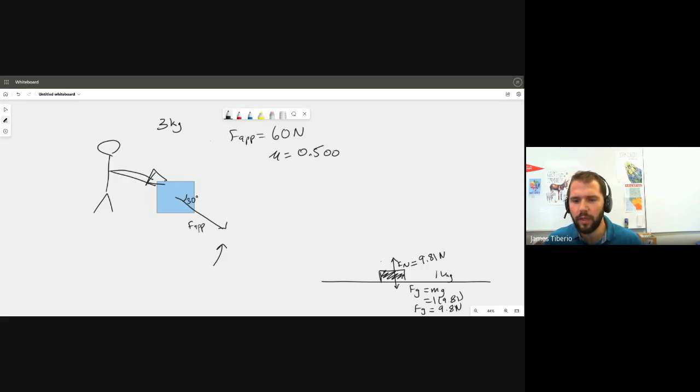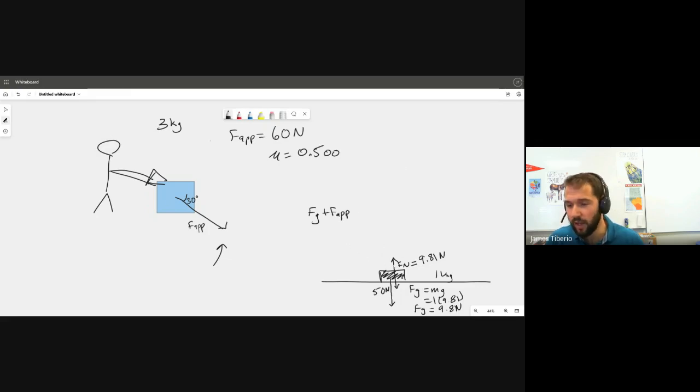When you add a force down, so I'm now going to step on this block with enough weight to apply 50 newtons down, all of a sudden we have two forces down. We have the force of gravity, Fg, plus my applied force, both acting down.